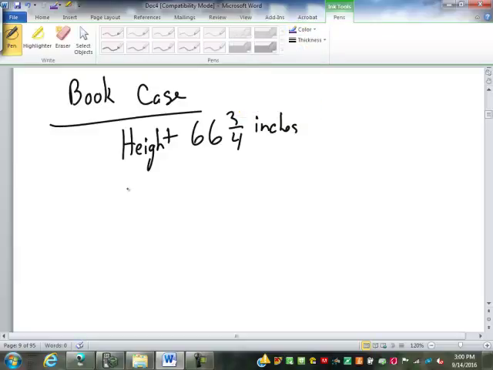It contains 4 shelves. The top is a shelf, by the way.